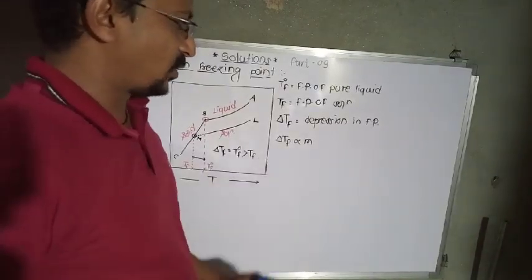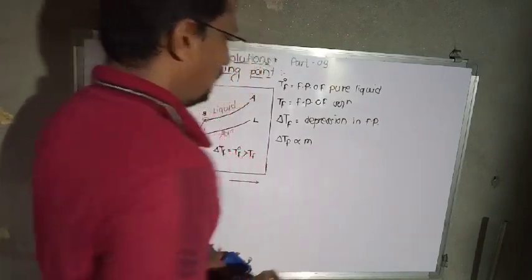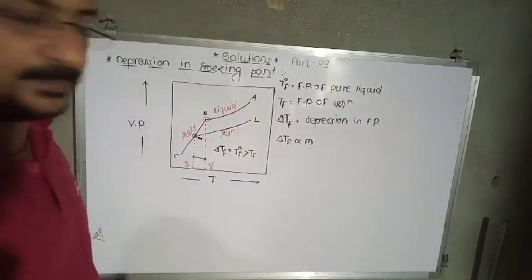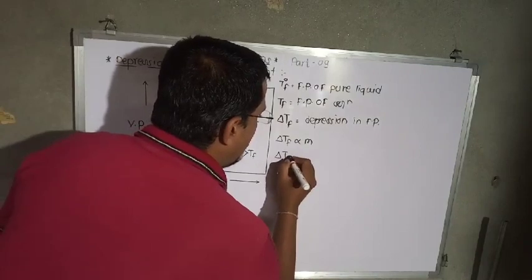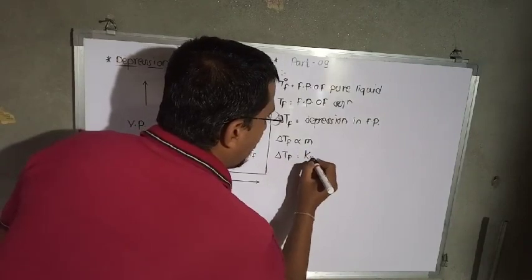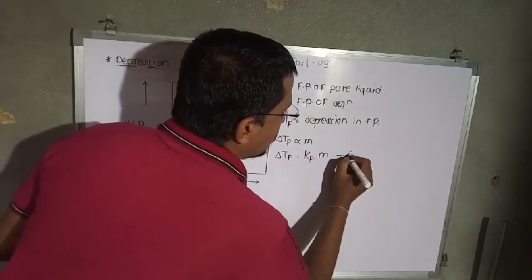So delta TF is proportional to m. Okay. Now if we remove the proportionality sign, then delta TF is equal to KF into m. You call this equation first.